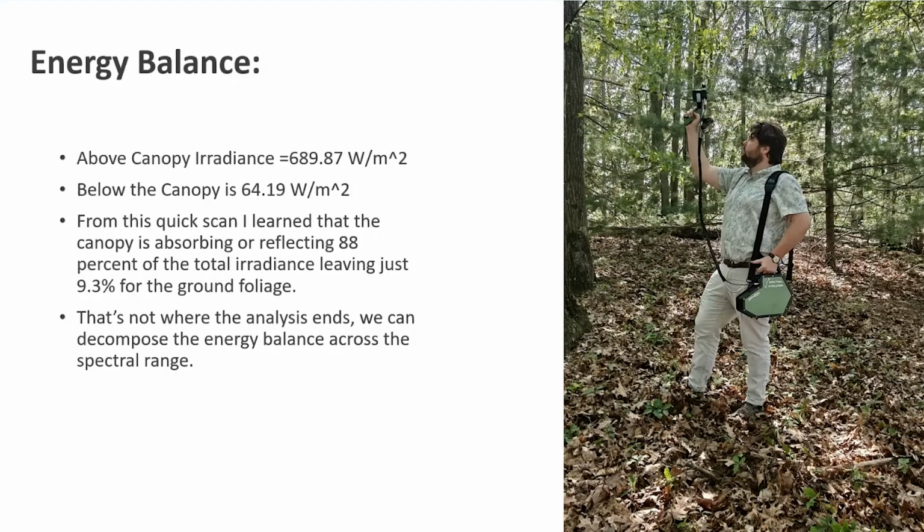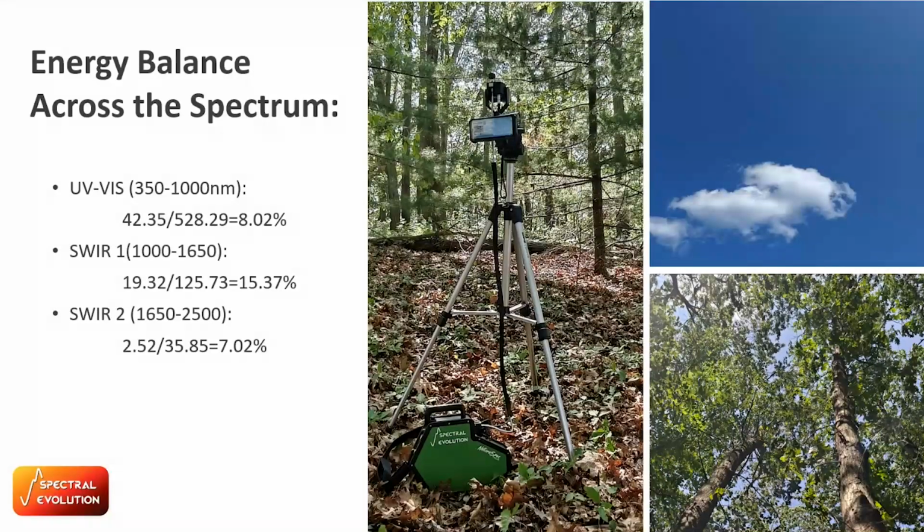We can actually decompose this into different parts of the spectrum and start to see where the vegetation is absorbing the most, where it is absorbing the least, and what the dynamic is here. So in the UV VIS, we get about 8%. In SWIR1, we get 15%, which is slightly higher, almost double.